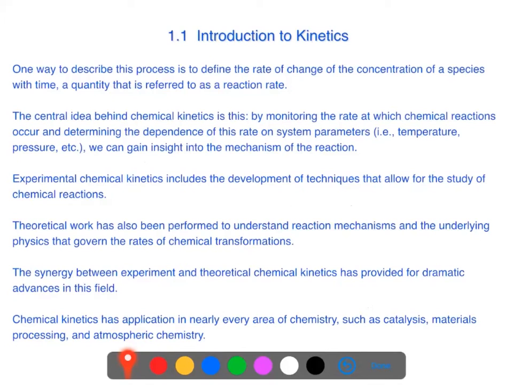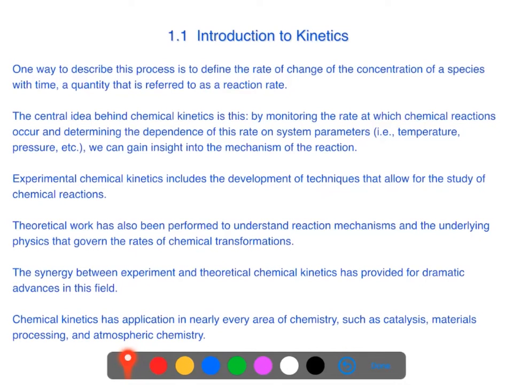Now, experimental chemical kinetics also includes the development of techniques that allow for the study of chemical reactions. And those are always being pushed further and further so that we can understand more and more about reaction mechanism. In addition, theoretical work has been shown to help significantly with our understanding of reaction mechanisms and the underlying physics that govern the rates of chemical transformations.